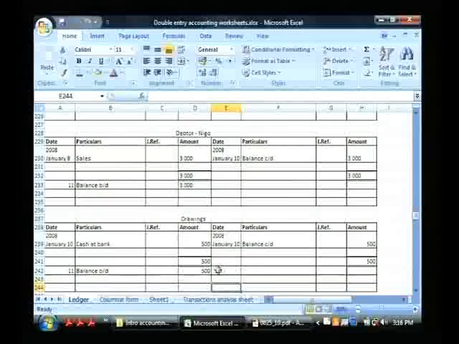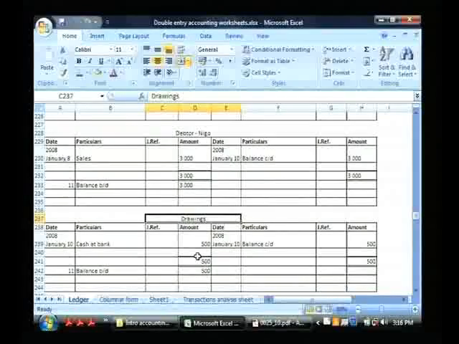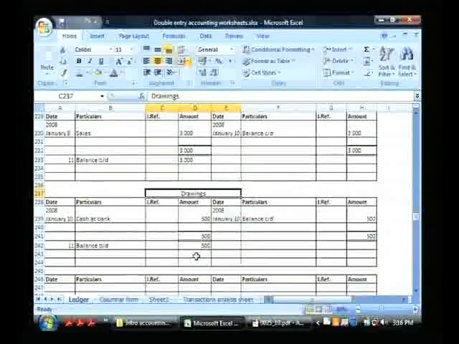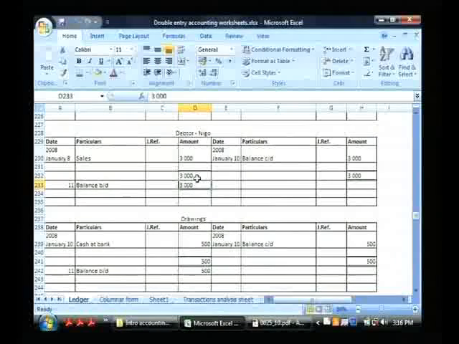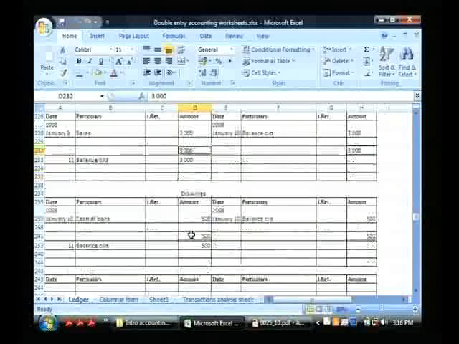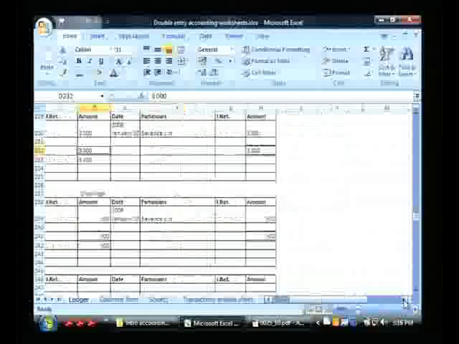So now we have completed all the ledger accounts, and now using these ledger account balances, we can prepare a trial balance.